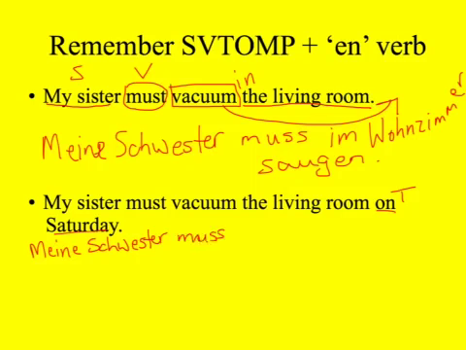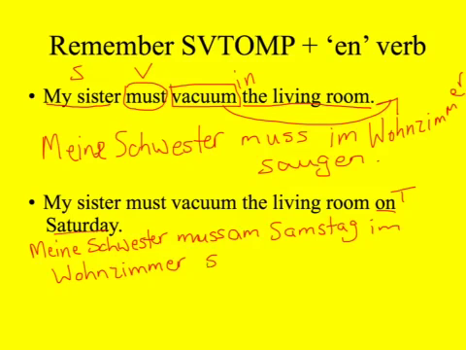Now we've got our time. Am Samstag im Wohnzimmer for the place. And then our actual verb of action at the end in en form.